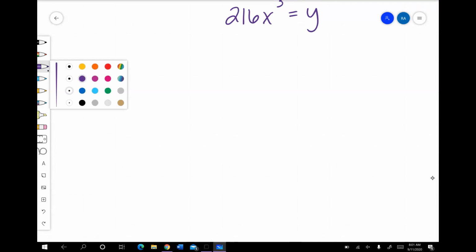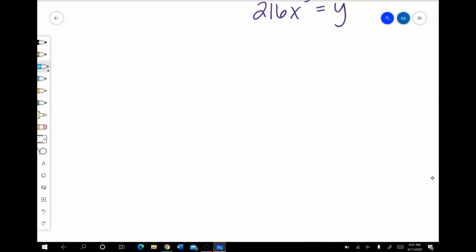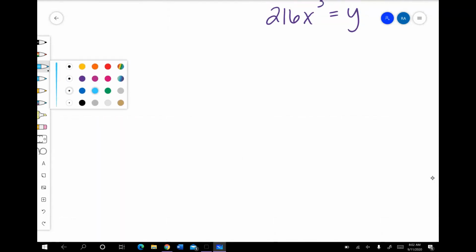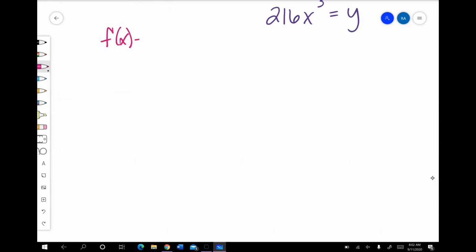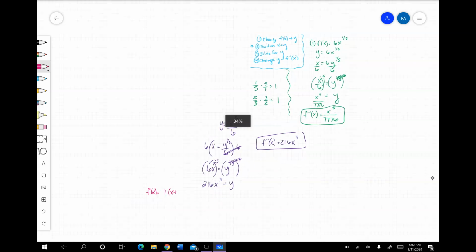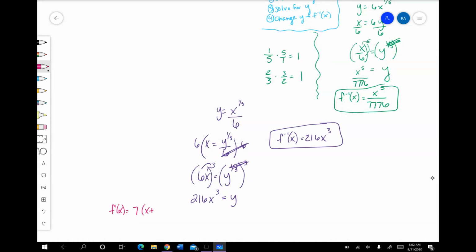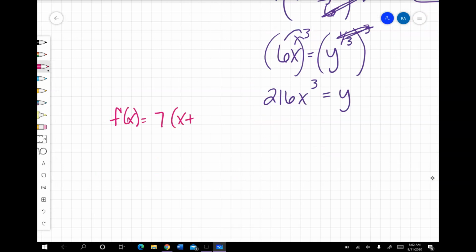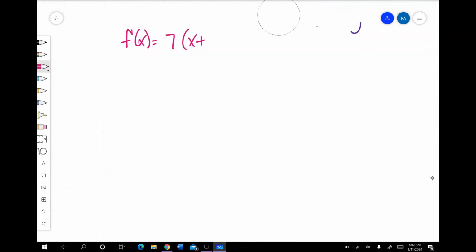Let's do this one. We've got f of x is equal to 7 plus x.